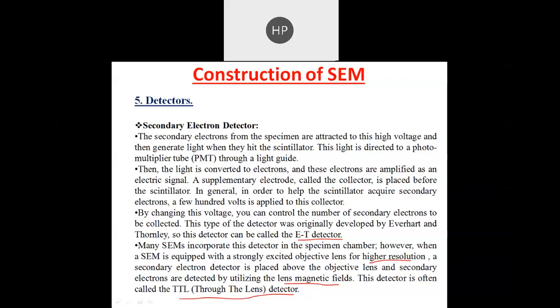If we have a strongly excited objective lens, then the secondary electron detector is placed above the objective lens. Okay, and secondary electrons are detected by utilizing the lens magnetic field. This detector is called a TTL, through-the-lens detector, and the other one is known as an ET detector.